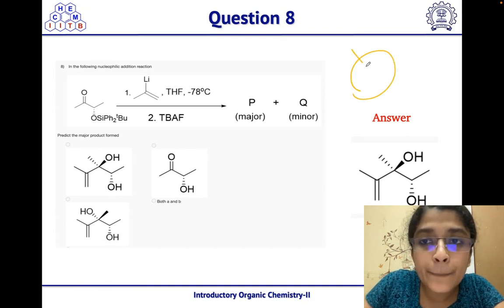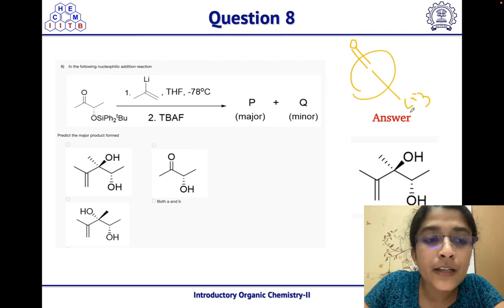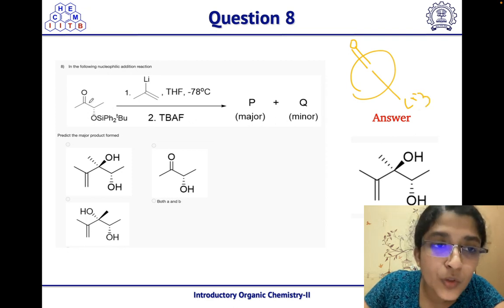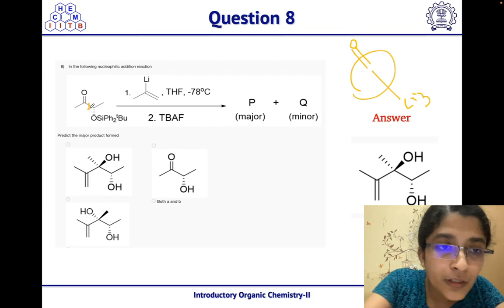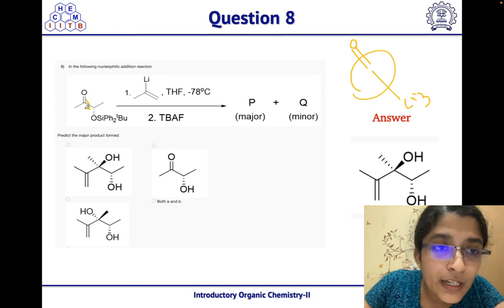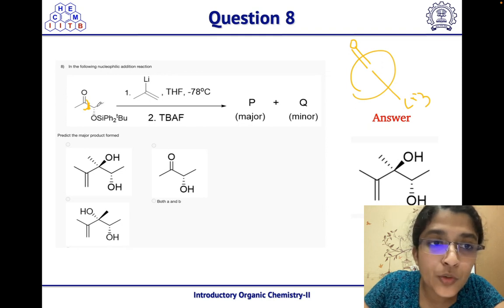So this is the carbonyl, and we have seen that if we rotate this and bring this perpendicular, this CH3 will be in eclipsed form with the carbonyl.